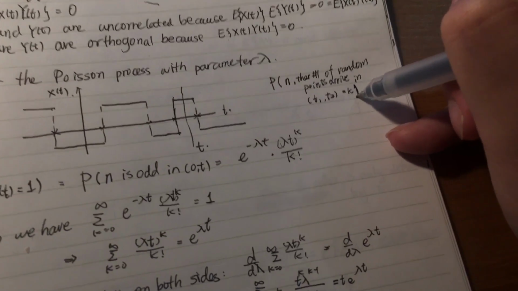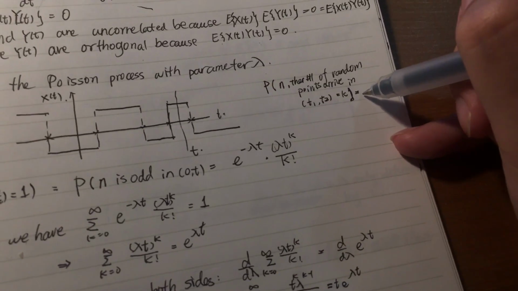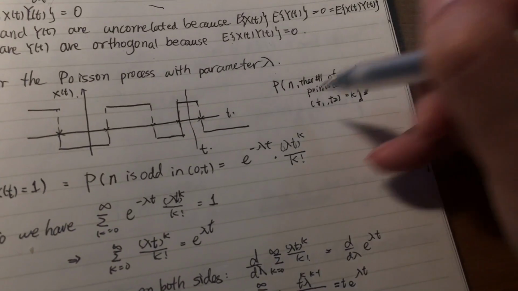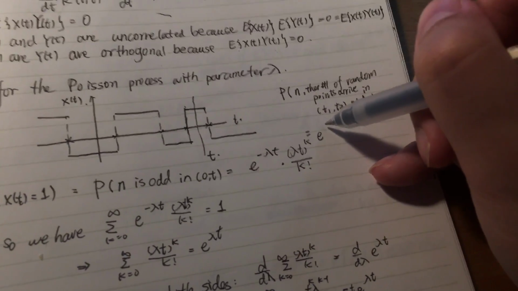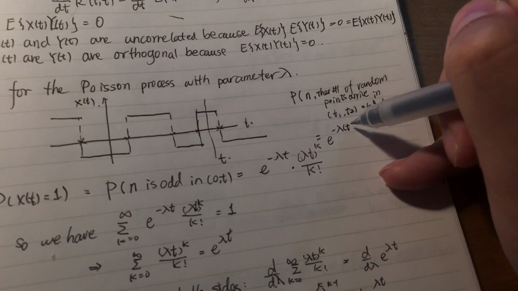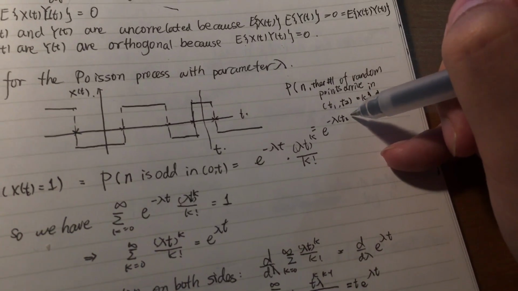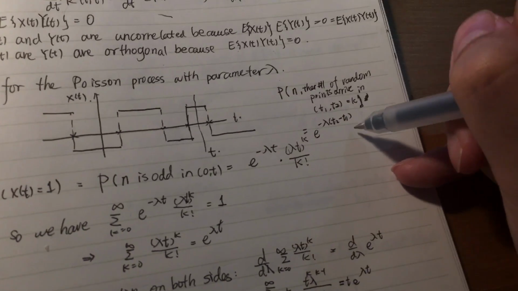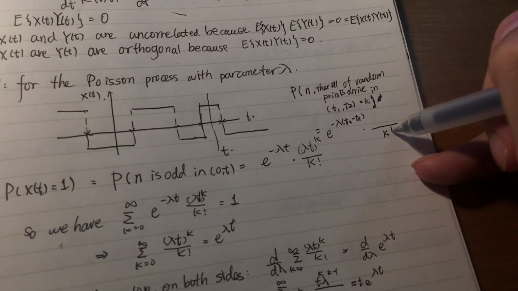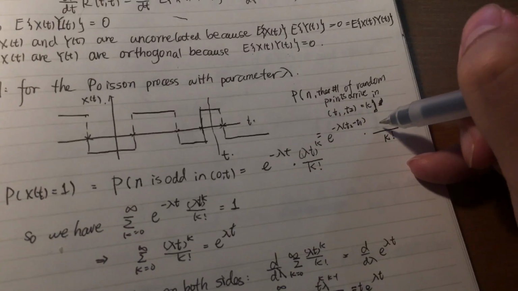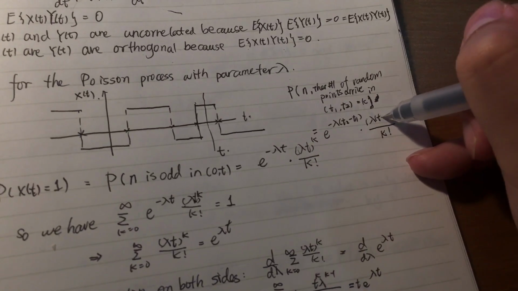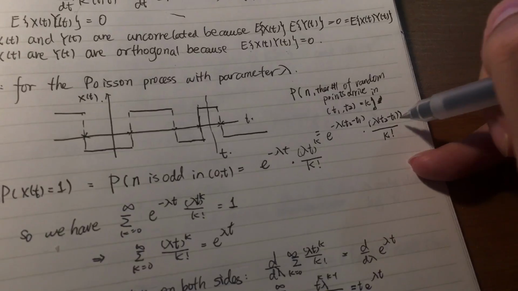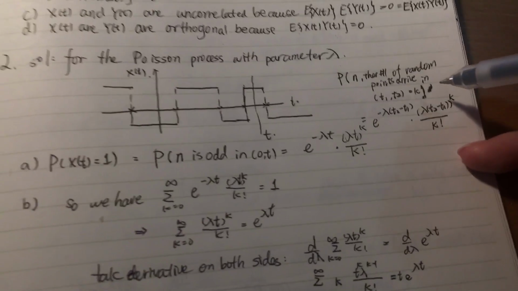And so it can be written as e to the degree of minus lambda times (T2 minus T1), times lambda times (T2 minus T1), to the degree of K, over K factorial.